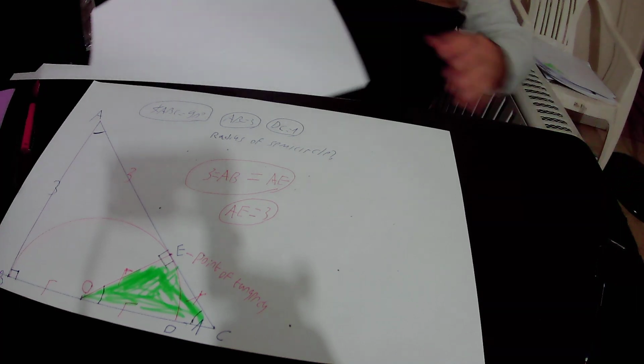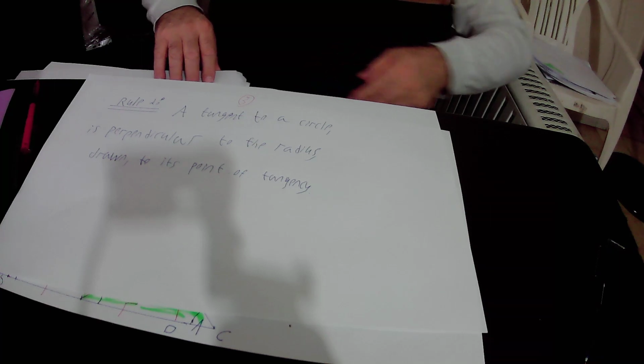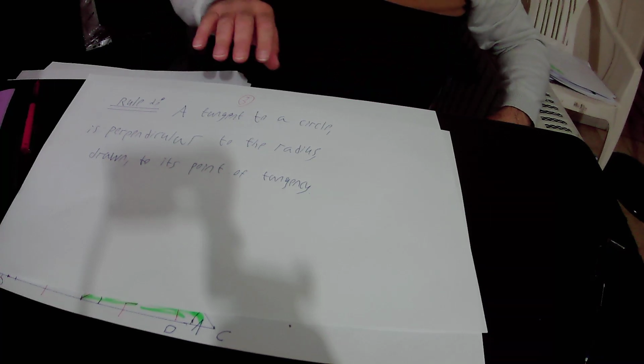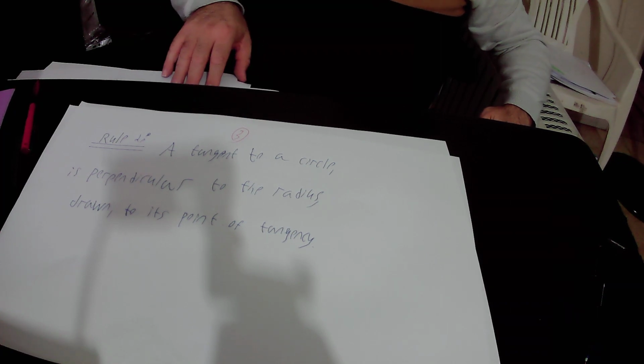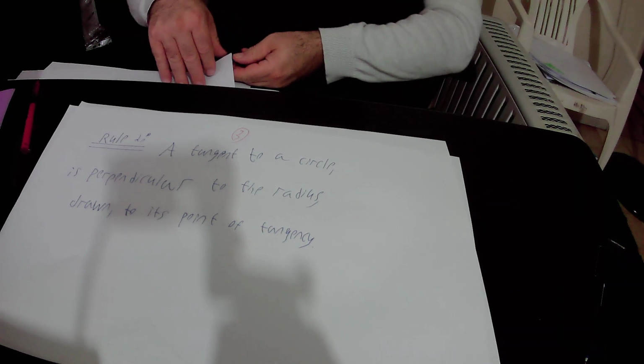Okay, then I presented to you rule number 2. According to rule number 2, a tangent to a circle is perpendicular to the radius drawn to its point of tangency. So what is the meaning of rule number 2?